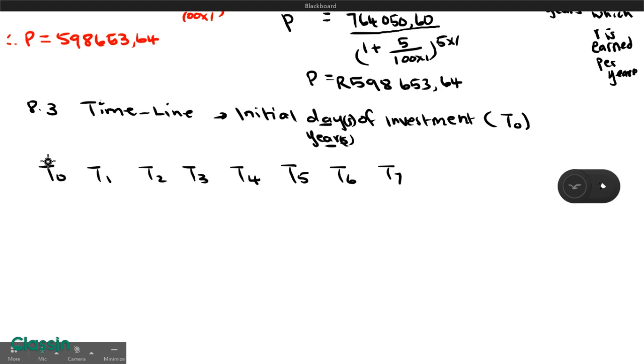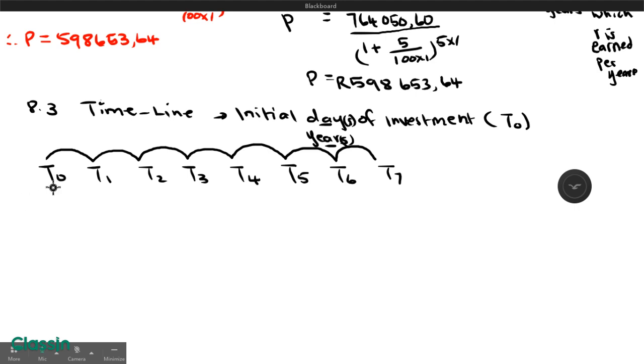So from here to there is 1 year, 2 years, 3 years, 4 years, 5 years, 6 years, 7 years. So even though we wrote T0 until T7, there are 8 T's, but there are 7 cycles. So we are going to start at T0.